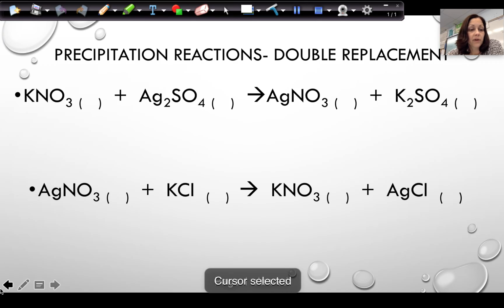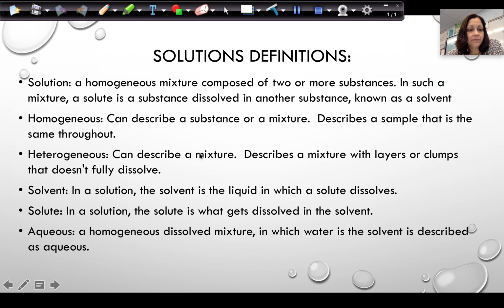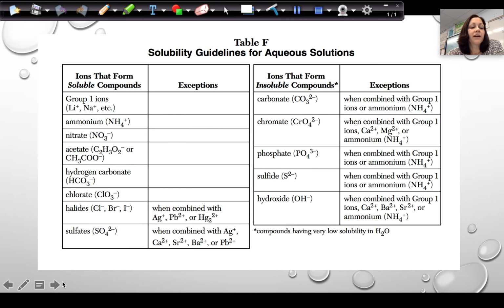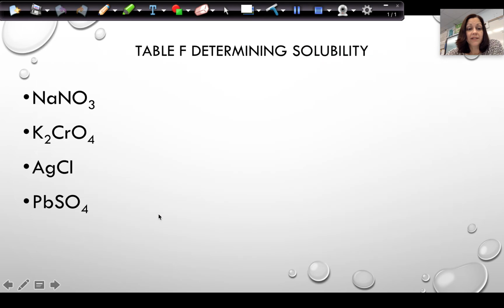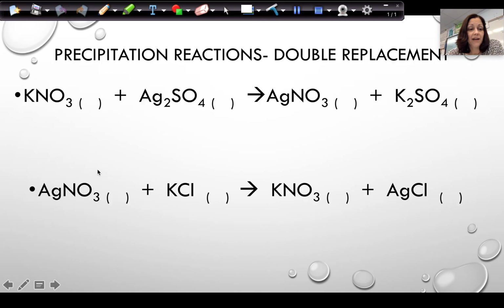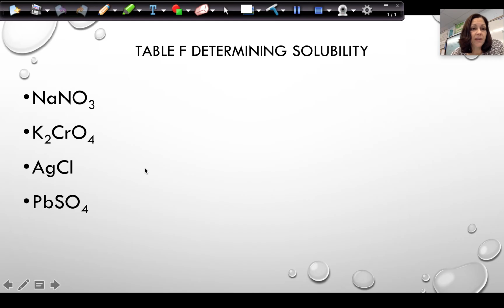If we go back to the chart, sorry about that, and we are looking for AgCl, we have Cl as something that is generally soluble, but Ag is one of its exceptions, which means that AgCl will be insoluble.